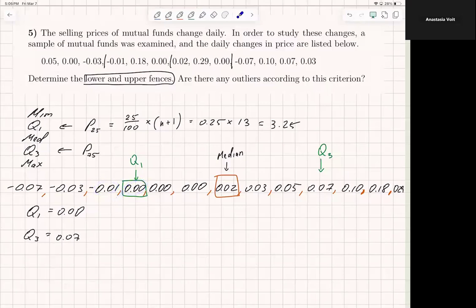And in this case, it is going to be negative 0.01 plus 0.00 over 2. So that's going to be negative 0.005, which we will just round to, what, 3 decimal places in this case? No, 2 decimal places. Okay.